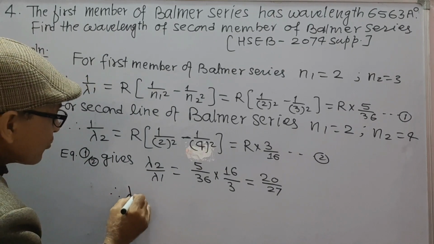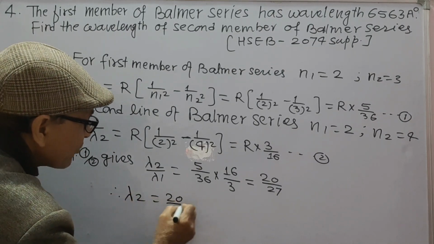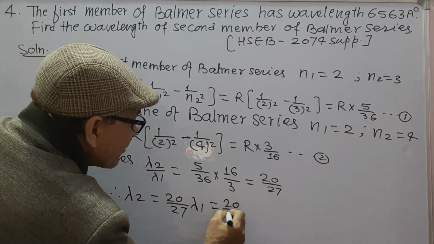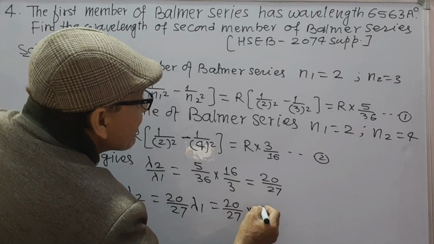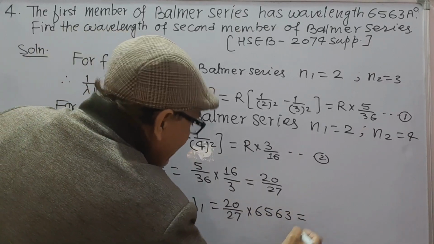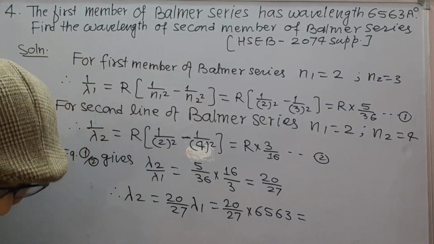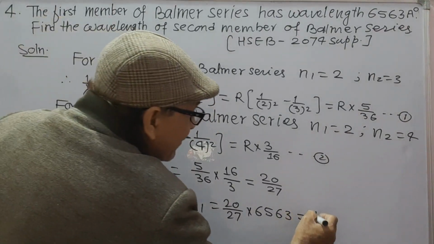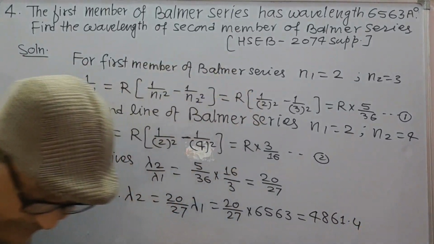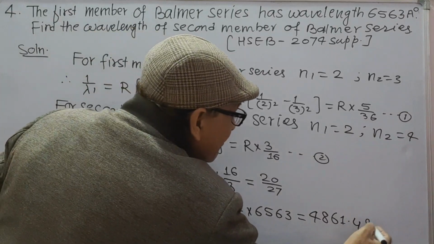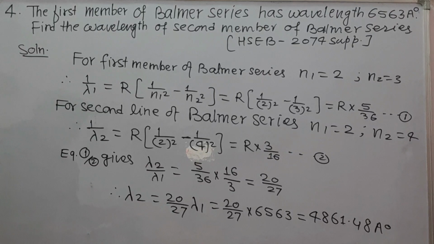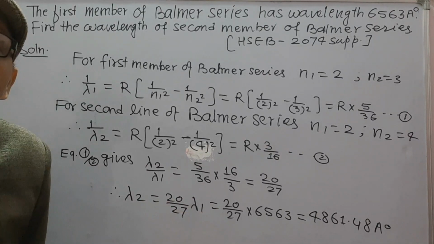Therefore lambda 2 will be equal to 20 upon 27 lambda 1, which is 20 upon 27 into 6563 angstrom. On simplification, we get 4861.48 angstrom. Thus, the wavelength of second member of Balmer series will be this one.